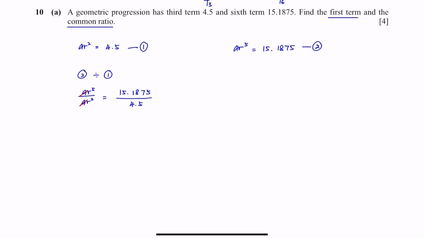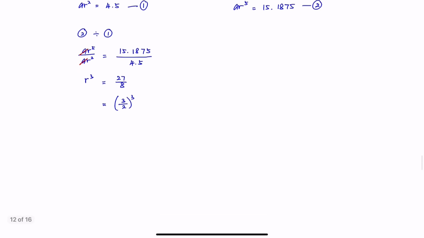And r is also not 0. If not, it wouldn't be a geometric progression. So I can simplify the indices of r. So this would give me r cubed. And the right hand side, type it into the calculator, I would get 27 over 8. And r would now be, so 27 over 8 is actually 3 over 2 cubed. And r would be 3 over 2.